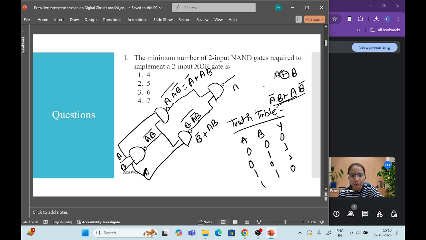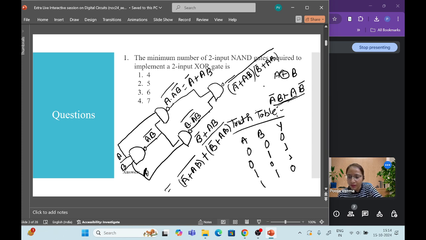Now, the final expression is like this: (A dash plus AB) and another one is (B dash plus AB), whole dash. Now we will solve this expression, then we will see whether we are getting the expression of an XOR gate or not. So (A dash plus AB dash) dash plus (B dash plus AB dash) dash.